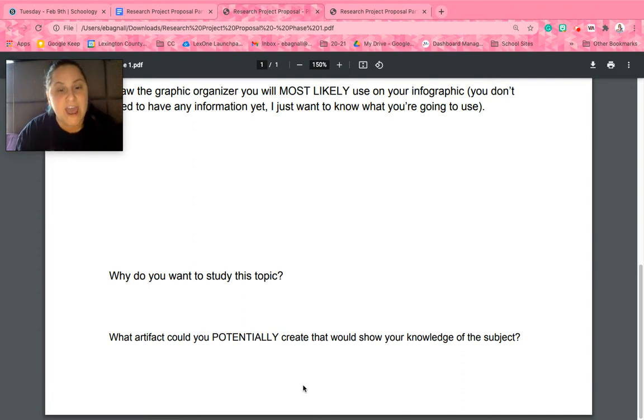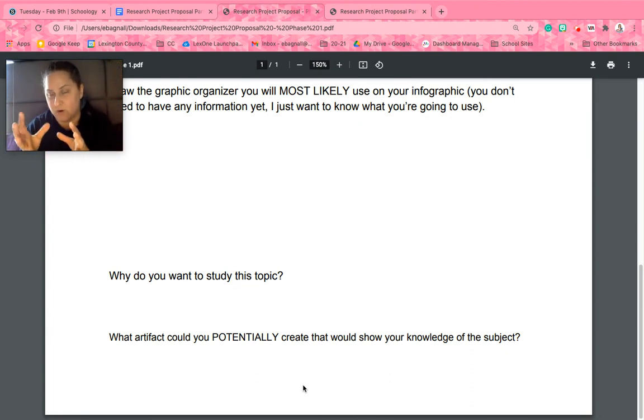And what artifact could you potentially create that would show your knowledge of the subject? Your artifact is some kind of physical creation. So if I'm studying the history of Disney, I could make a small version of the Epcot globe.